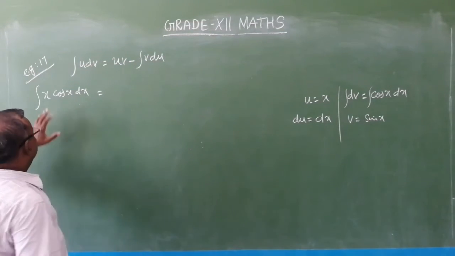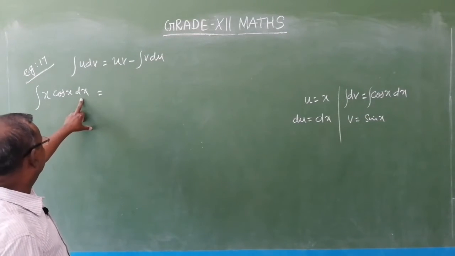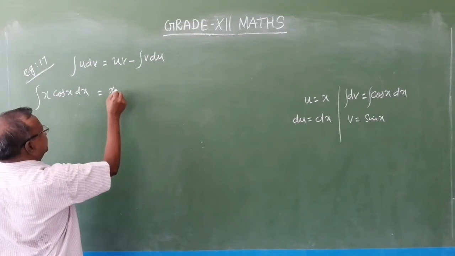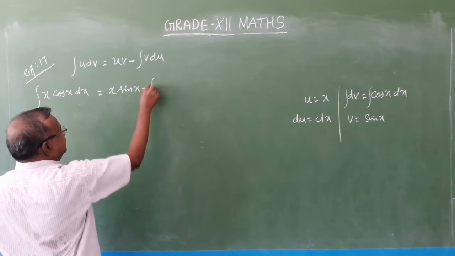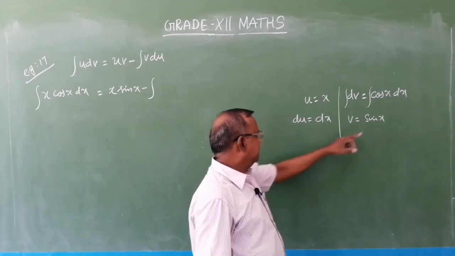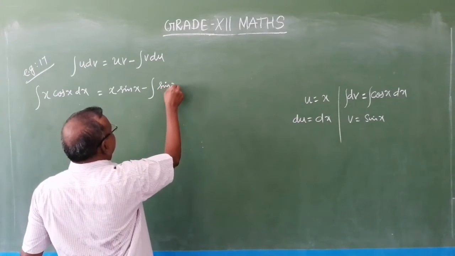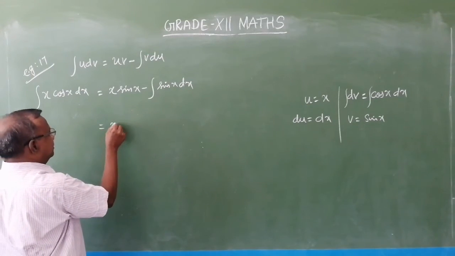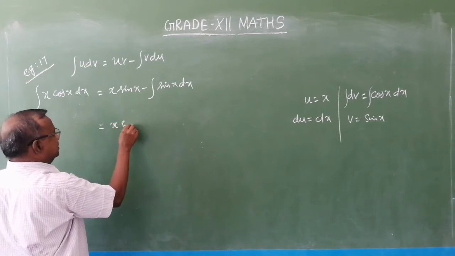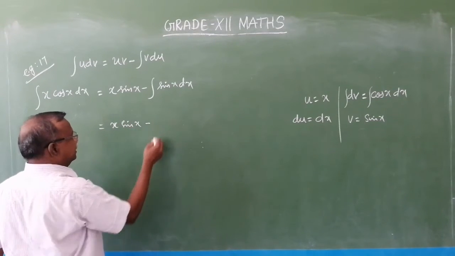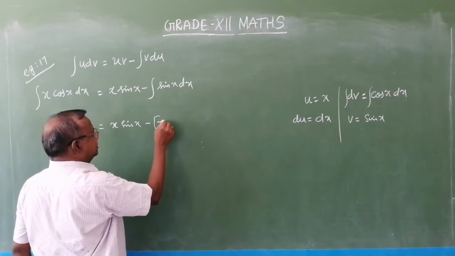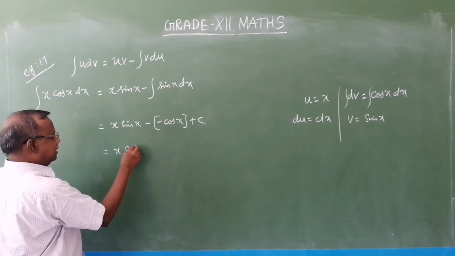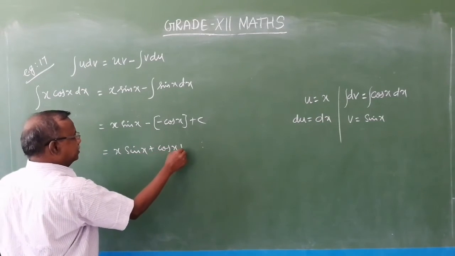Accordingly, the integral of x cos x dx equals uv, that is x sin x, minus integral v du, that is sin x dx. This equals x sin x minus, integrating sin x becomes minus cos x, plus c, that is, x sin x plus cos x plus c.